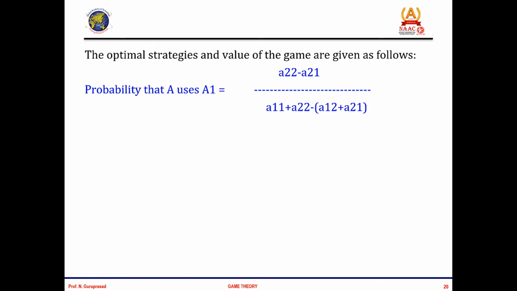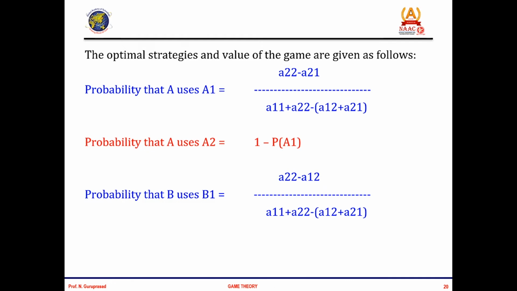So the probability that player A uses A1 is given by the formula. Let me tell you that you do not have any other option; you have to remember this particular formula. Similarly, you have the probability for which player A uses A2, which, as I said earlier, is nothing but 1 minus x, where x is the probability of strategy A1. Once we get the strategy of A1, we easily find the strategy of A2 to be adopted by player A, which is 1 minus strategy A1.